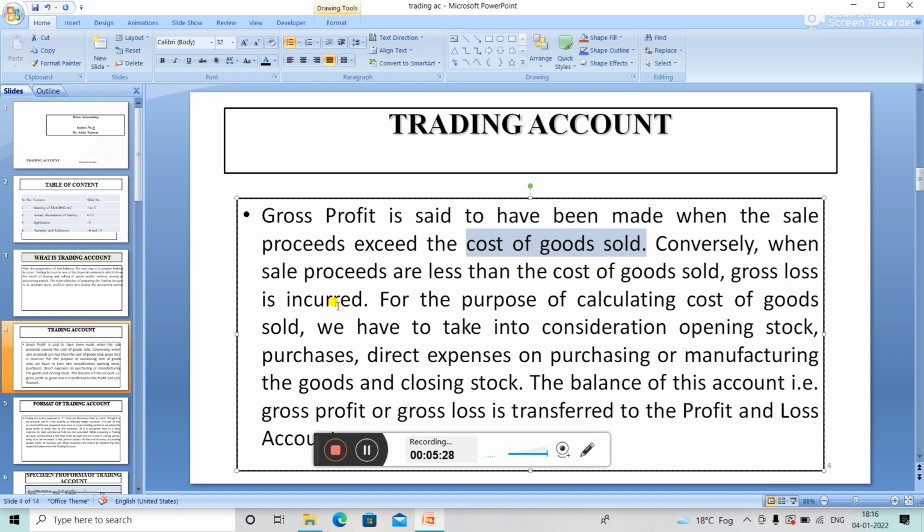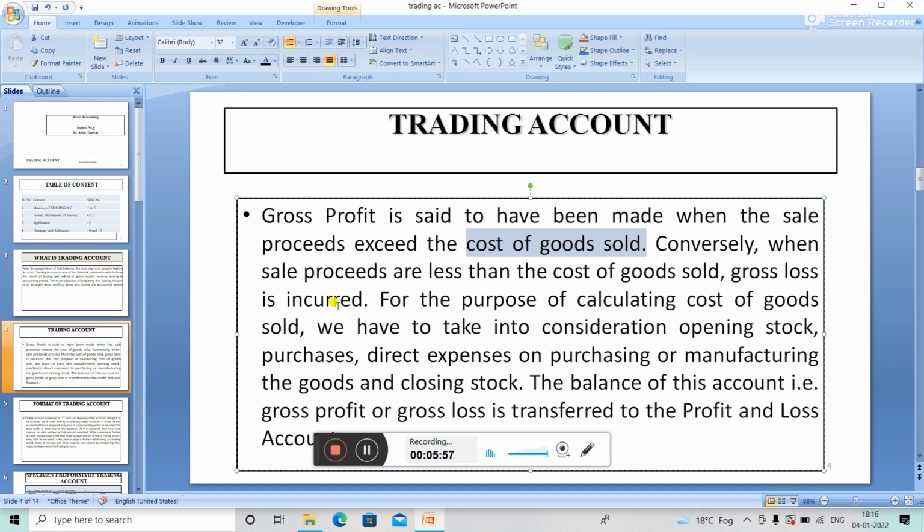Now I want to give you one example. If the debit side of the trading account is, just suppose, 50,000, and the credit side of the trading account is 40,000, then in this case we are going to receive a gross loss.